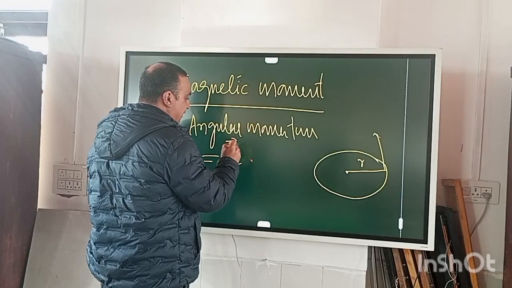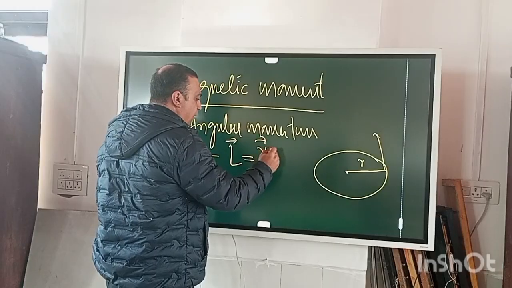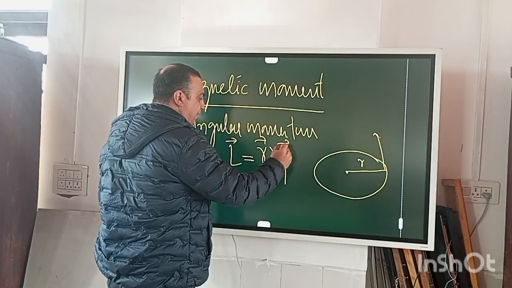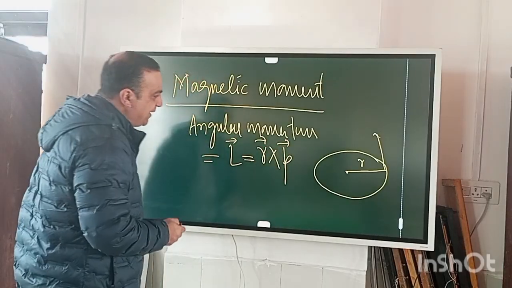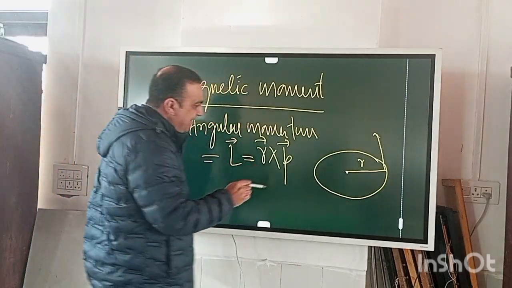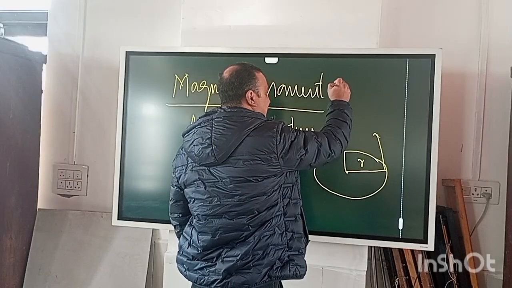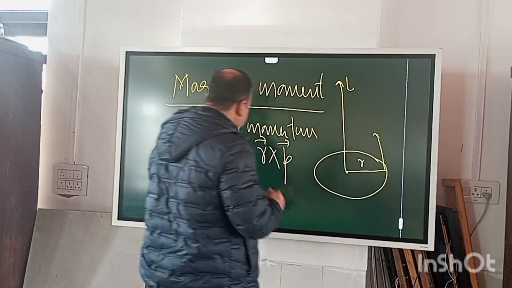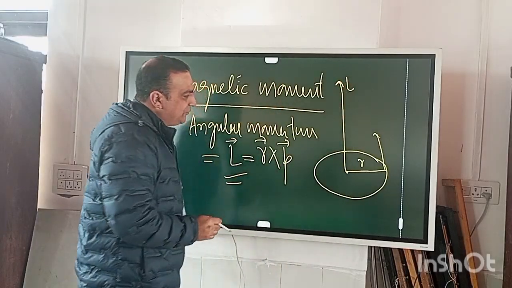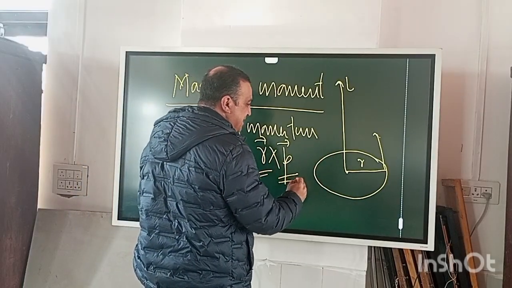This L, if I write it in vector form, must be r cross p, where r is the position vector and p is the momentum. We better understand that this L has to be perpendicular to the plane that contains r and p.